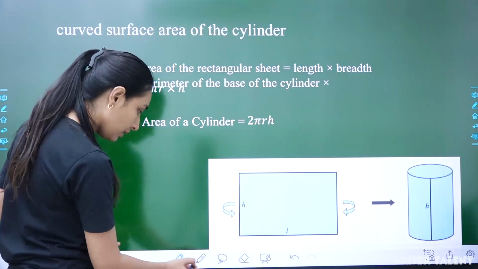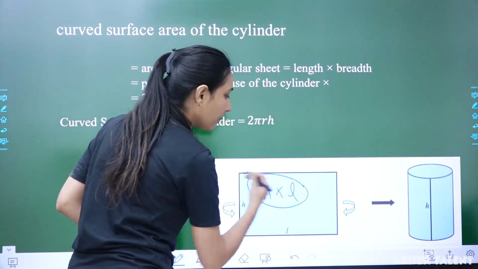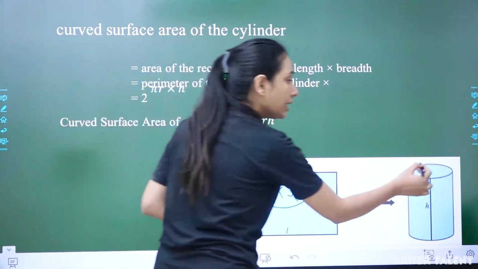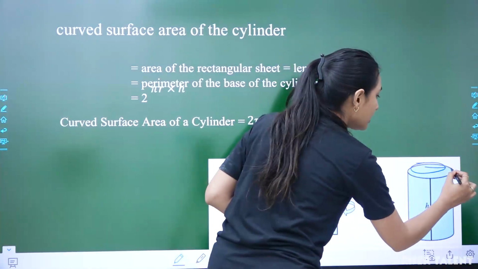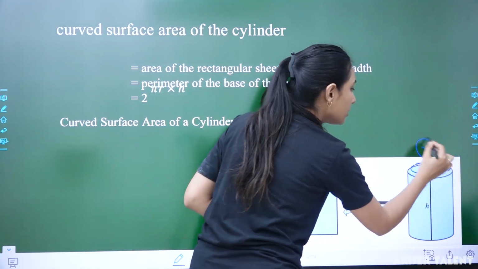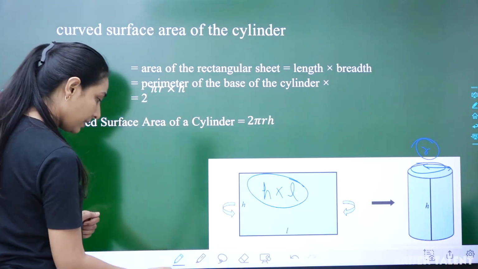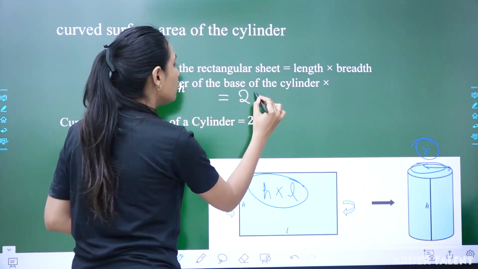That was the total curved surface only. The curved surface was h multiplied by l. Now this is the periphery, and if this radius is r, then that is equal to 2 pi r.